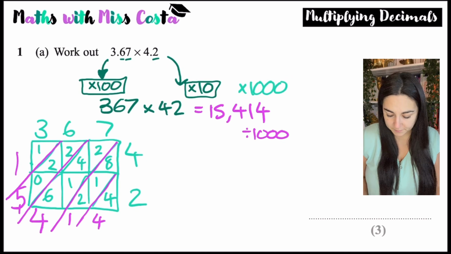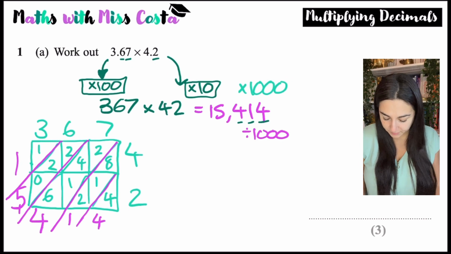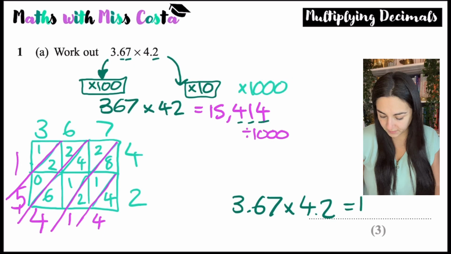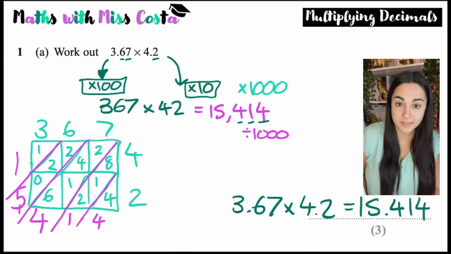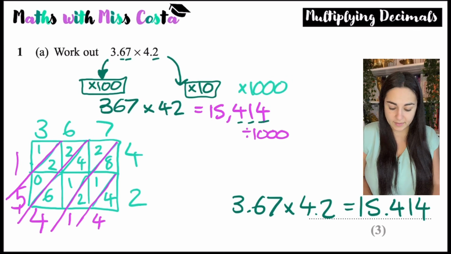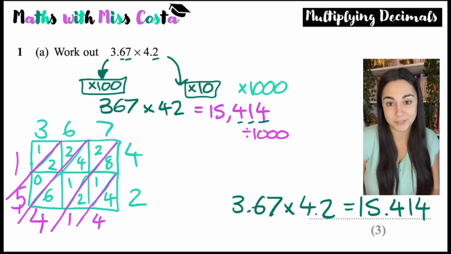Therefore, there must be 1, 2, 3 digits after the decimal point for my answer. So 3.67 times 4.2 would be 15.414. So either you could have divided by 1,000 or you can use the little numbers after the decimal point trick. So that's for multiplying decimals.